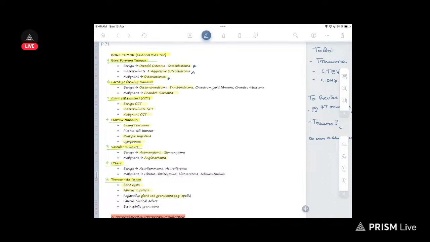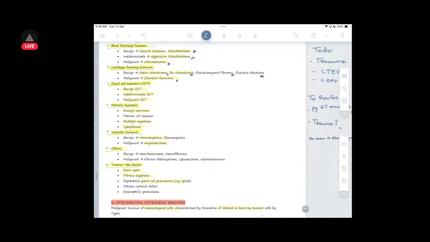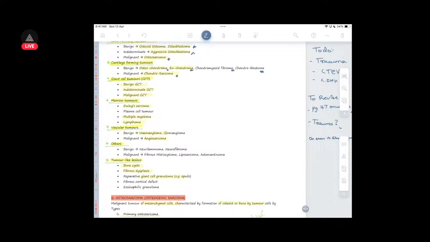In cartilage forming tumors, you have osteochondroma, enchondroma, chondromyxoid fibroma and chondroblastoma. In malignant, you have chondrosarcoma. Enchondroma and osteochondroma are benign; malignant is chondrosarcoma.